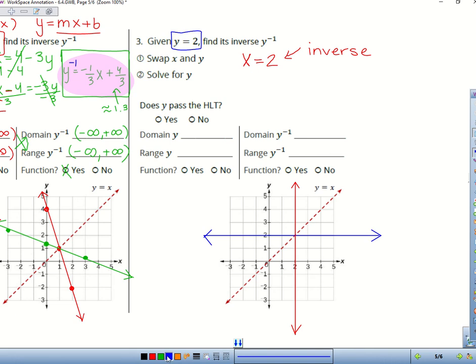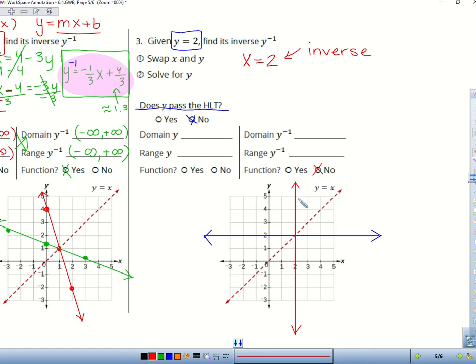So, let's talk about analyzing this. We're looking at the original graph, that's the one in the blue. Does this original blue graph pass the horizontal line test? No. Because if I drew a horizontal line right here, it's going to hit more than one point, right? So it doesn't pass the horizontal line test. So automatically, I know that my inverse is not a what? It's not a function.